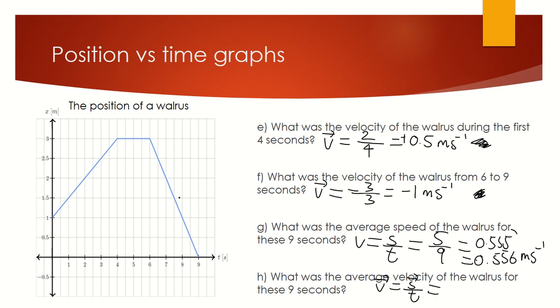So it's a displacement of -1 meters over the 9 seconds. And -1 divided by 9 is -0.111, rounded to 3 significant figures, meters per second.